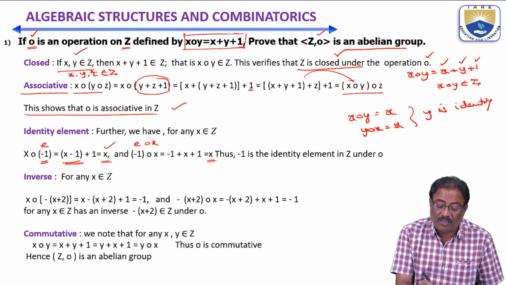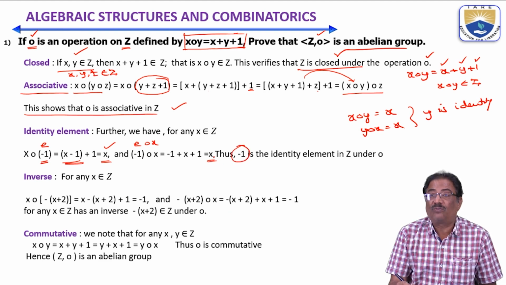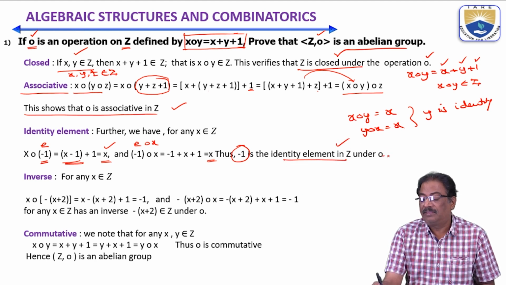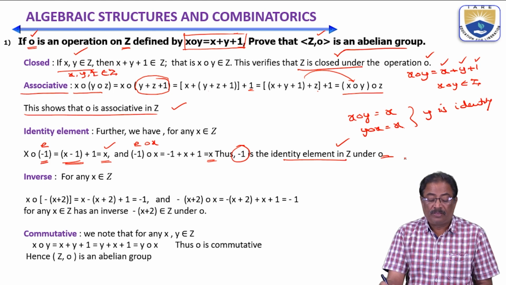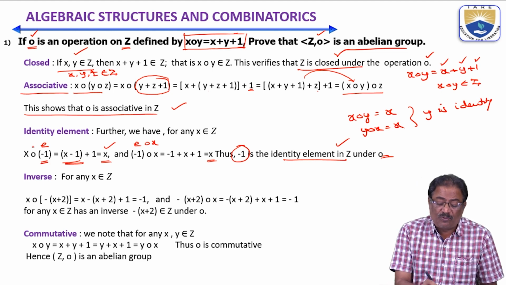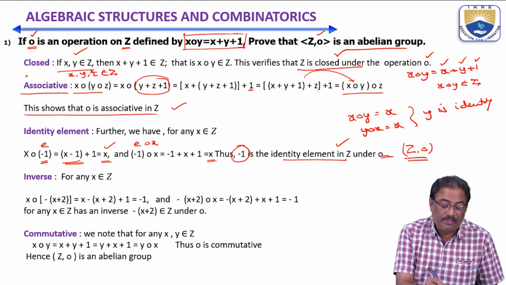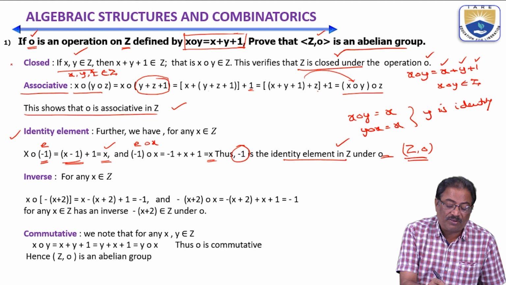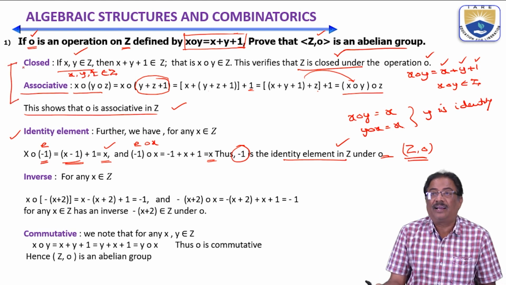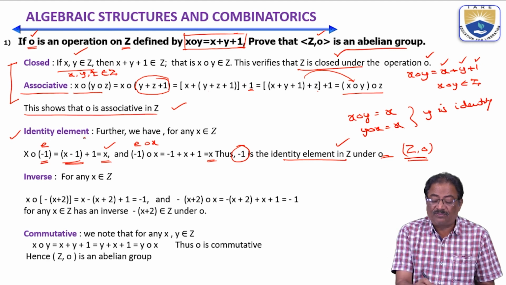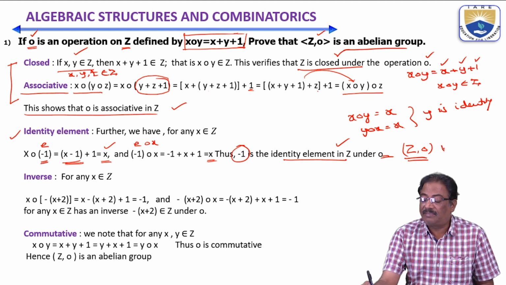In the place of E, minus 1 is the identity element in Z under the binary operation circle. Up to this we can say that (Z, circle) is a monoid. Whenever the first two are satisfied, we can say that (Z, circle) is a semigroup, and after satisfying this, it is a monoid.